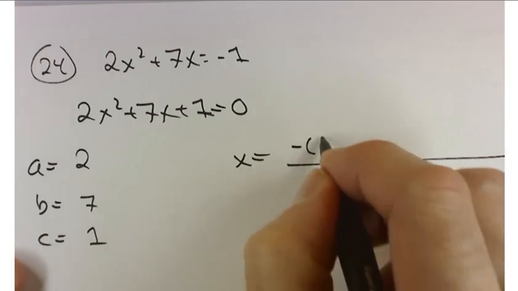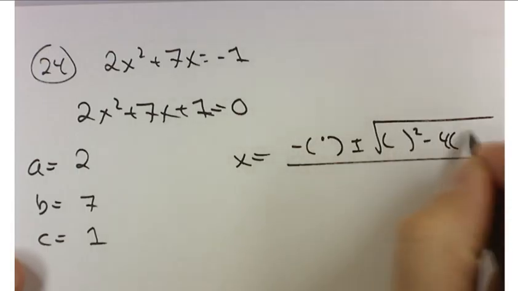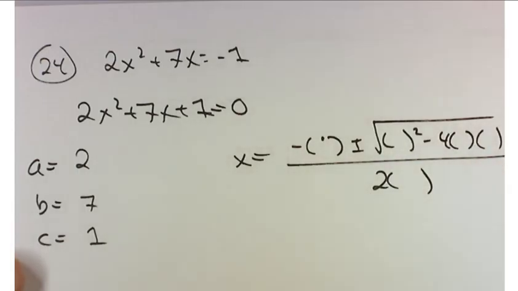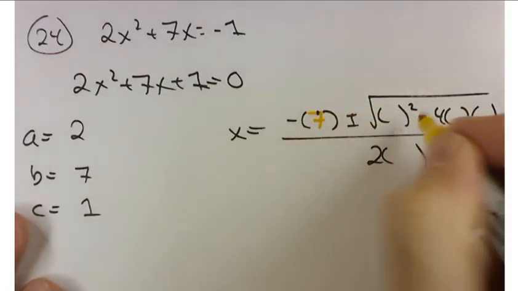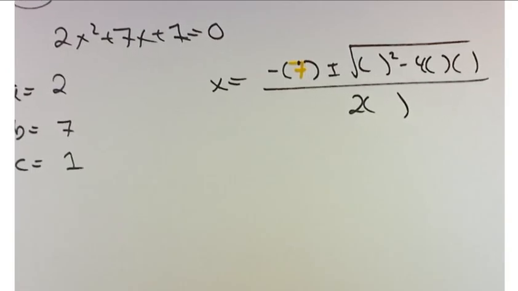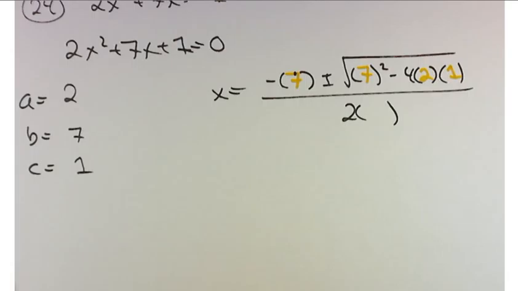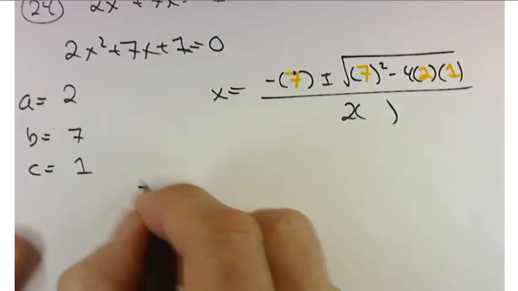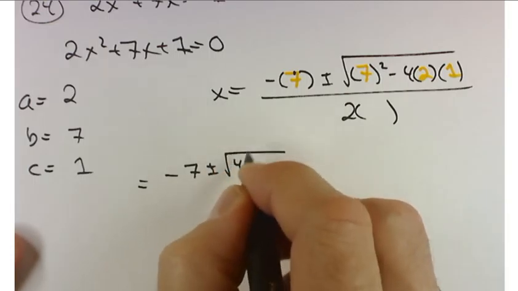So negative b plus or minus the square root of b squared minus 4 times a times c, over 2 times a. And let's fill in a, b, and c. So negative of 7 plus or minus the square root of 7 squared minus 4 times 2, which is our a, times c, which is our 1, which is negative 7 plus or minus the square root of 49 minus 8.